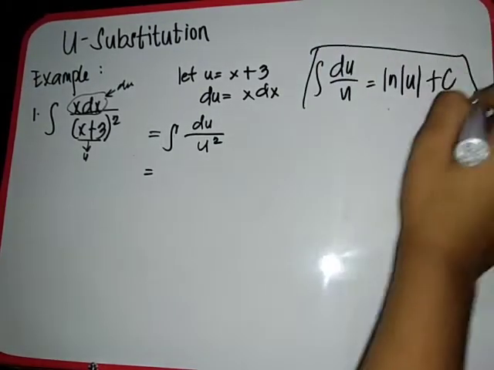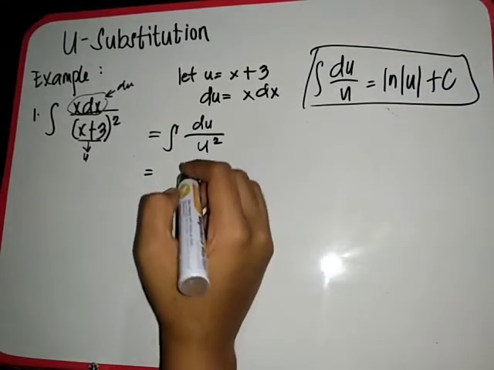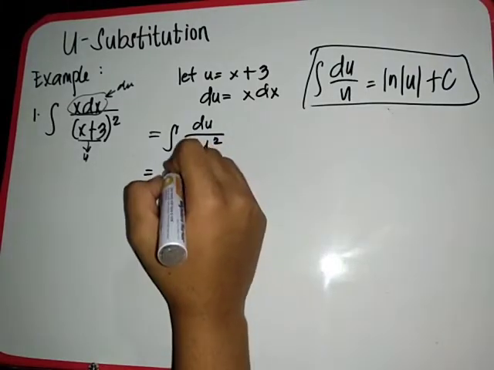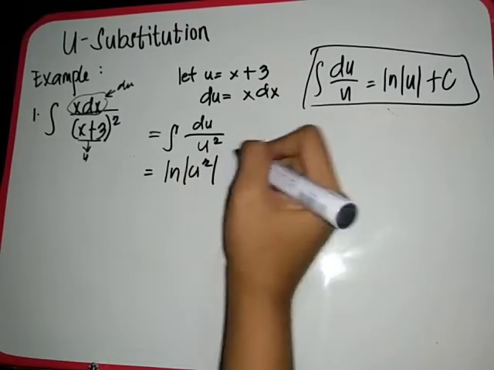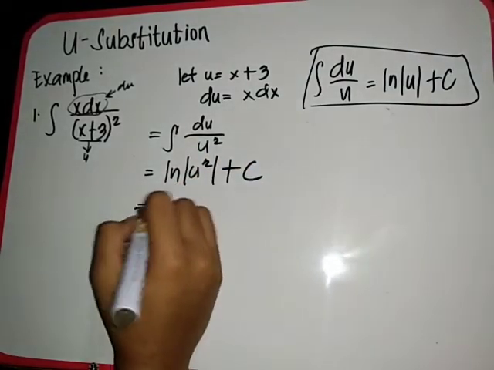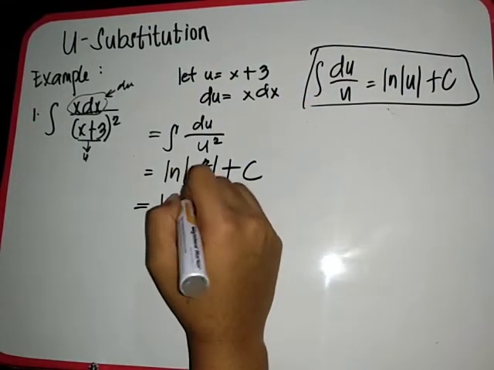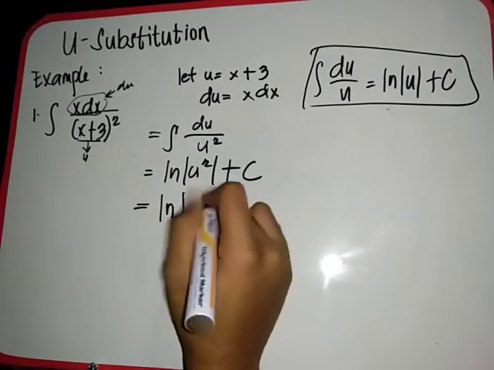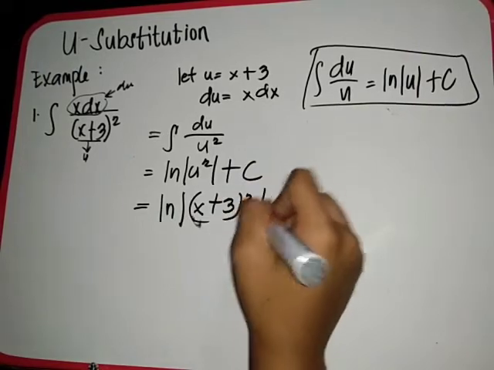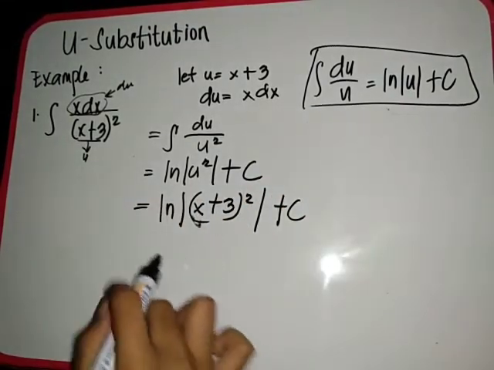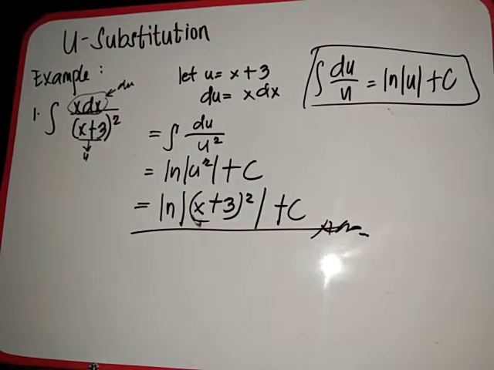So this is the formula, and then we write ln u squared plus c. And then we substitute u back to x plus 3. So we have ln of x plus 3 squared plus c. So this is the final answer for our example number 1.